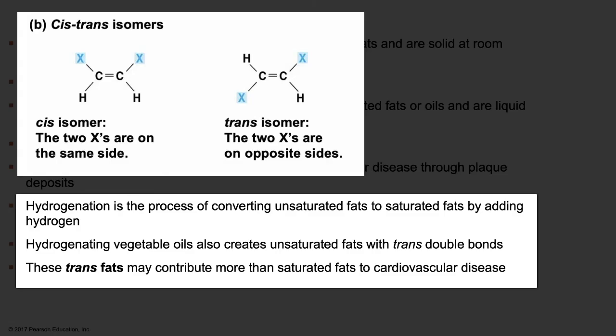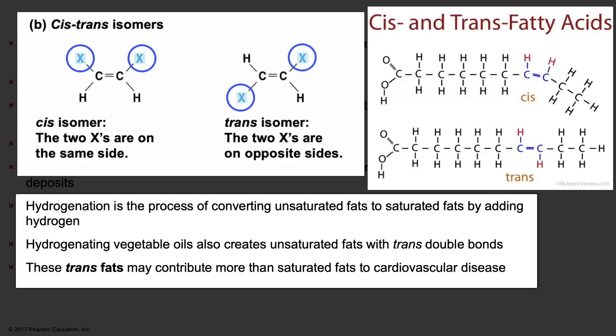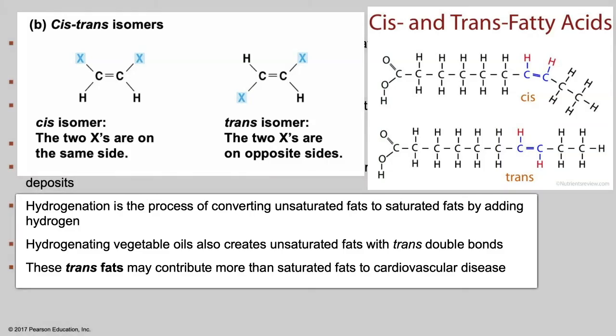And this has to do with where the functional groups fall around a double bond. Trans fats are unsaturated fats with the molecular groups on opposite sides of the double bond. Trans fats are said to contribute to cardiovascular disease even more than saturated fats are.